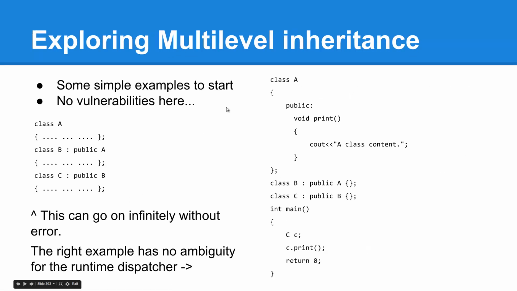So, another case to cover is multi-level inheritance. You have class A, class B derives from A, class C derives from B, and this can go on infinitely without error. And we see that when C is instantiated as a class C and it calls a print function, it works up the inheritance chain to find a matching function, and it goes in order of most specific, so it starts with C first, then B, and then sees that it is declared in the base class.